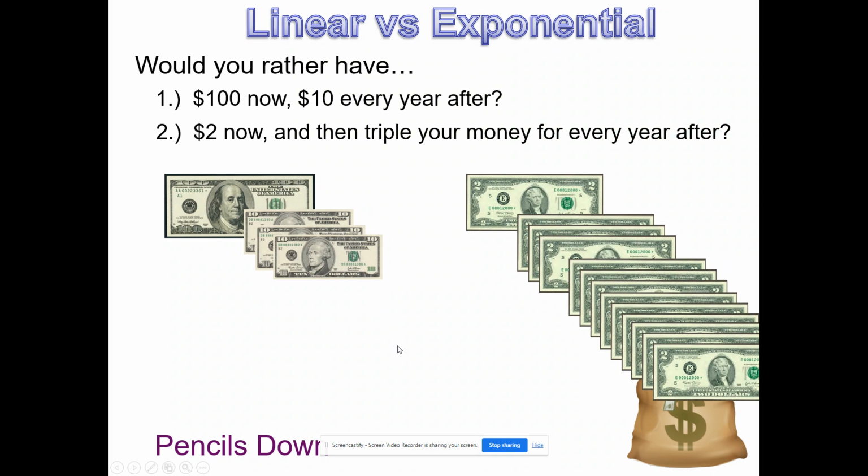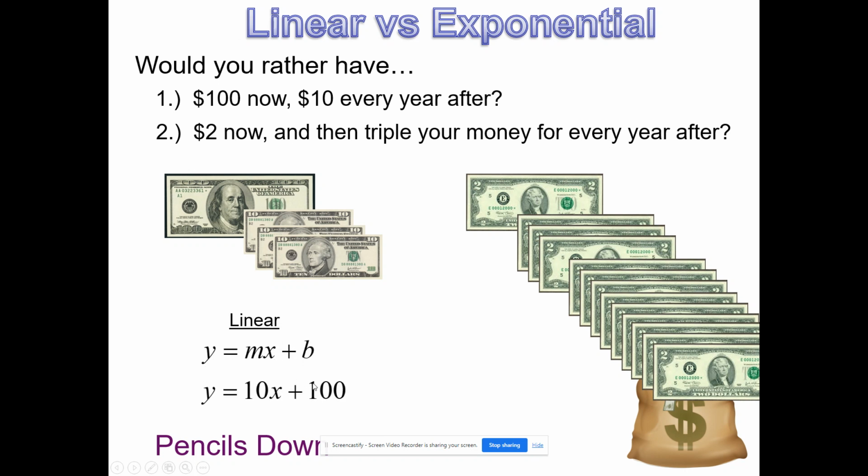Okay, so how long would it take for this to overcome that? If you don't know, this right here is linear, and this is exponential. Eventually, the exponential will surpass the linear. So that right there would be the equation.